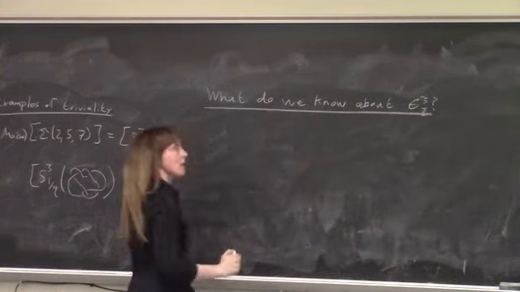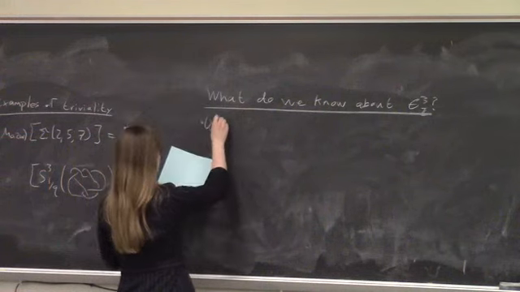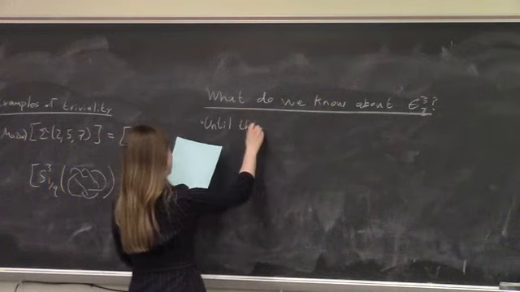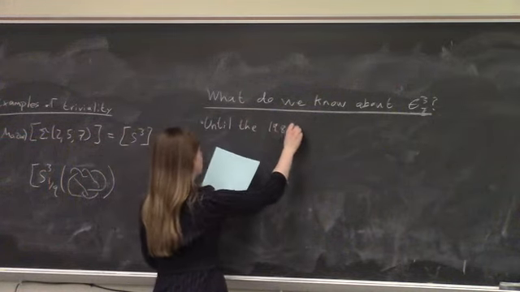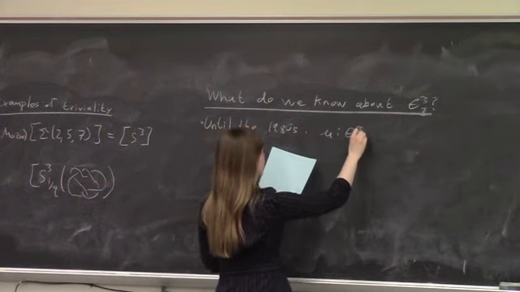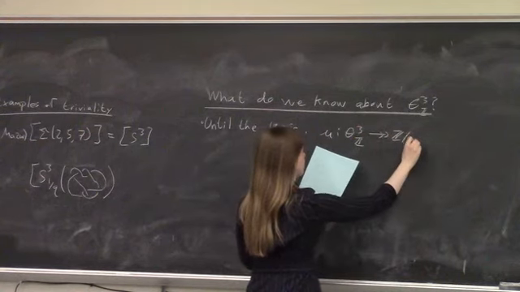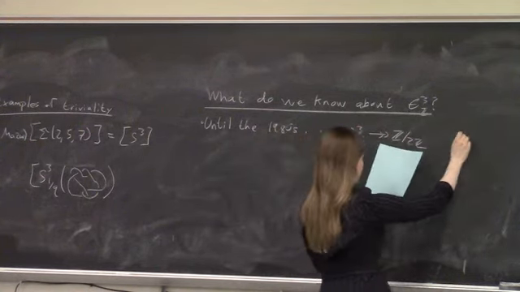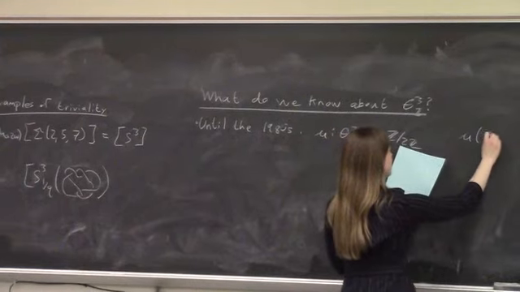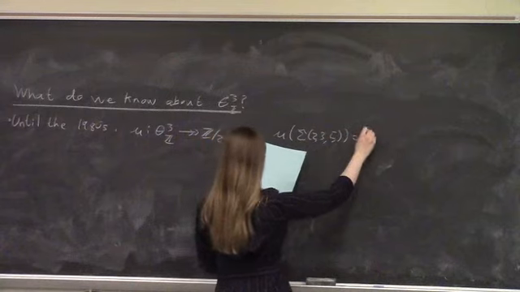Okay, so until the 1980s, not a lot. One of the main things known was the existence of the Rokhlin homomorphism, which is a surjection from this group onto Z mod 2Z. So an example of something that's in the pre-image of 1 is Sigma(2,3,5), a Poincaré homology sphere.